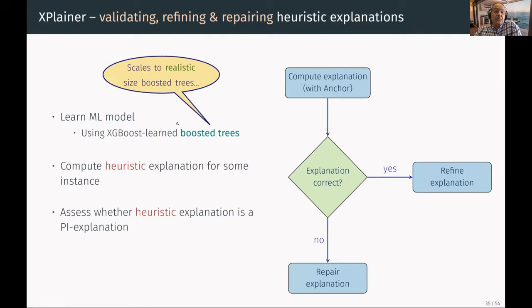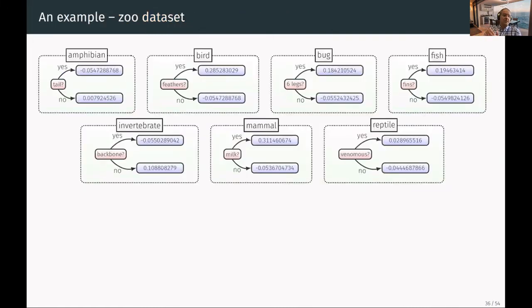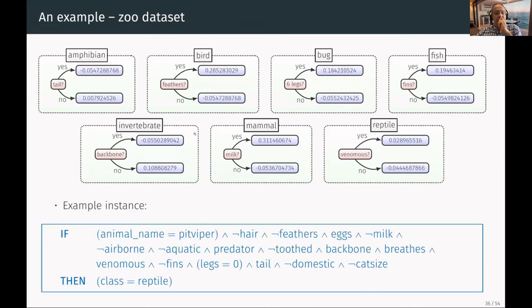So by the way, here we use not neural networks, we use boosted trees, and at the time we showed that our approach using prime implicants scaled for realistically sized boosted trees. So just as a very, very simplistic example, for the zoo data set, which is very well known. Again, this is a very simplified boosted tree, just to illustrate the main points.